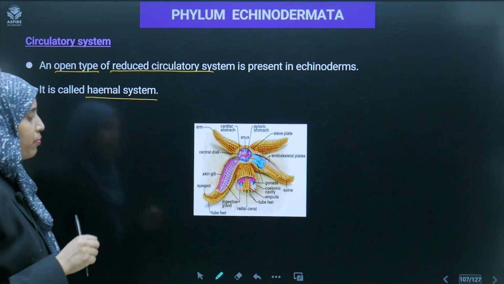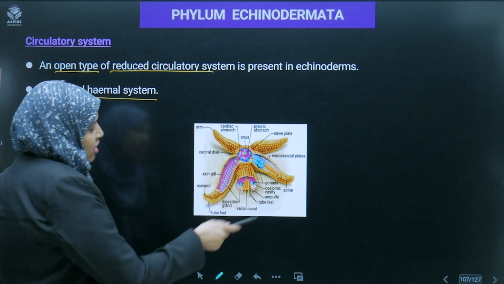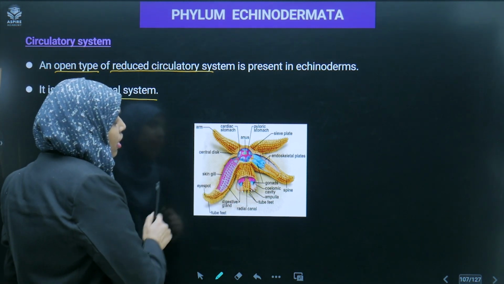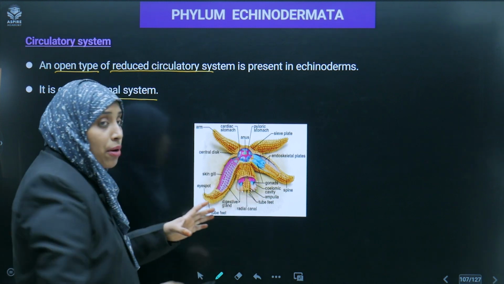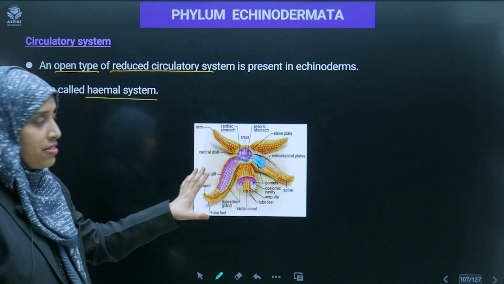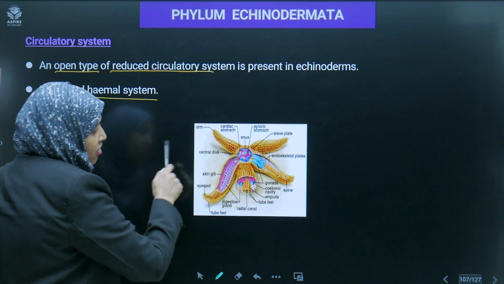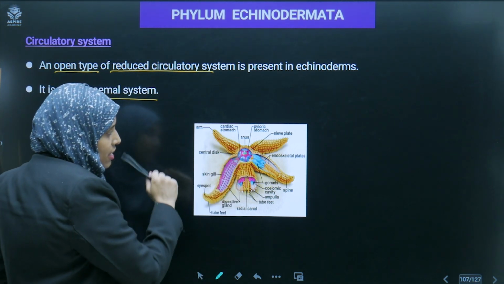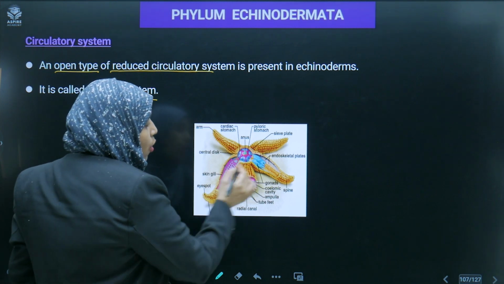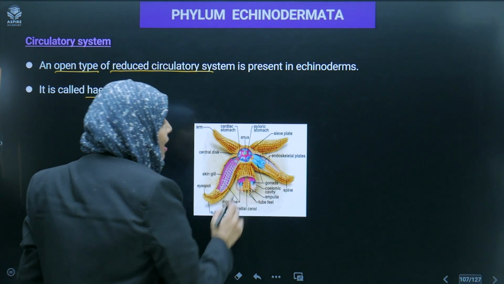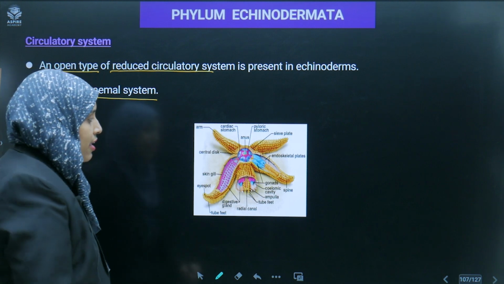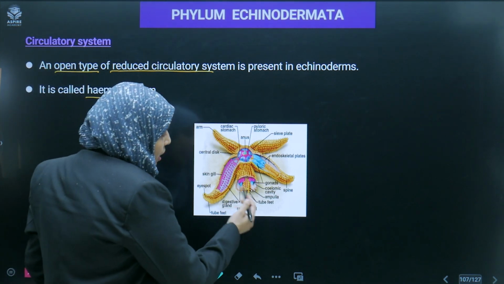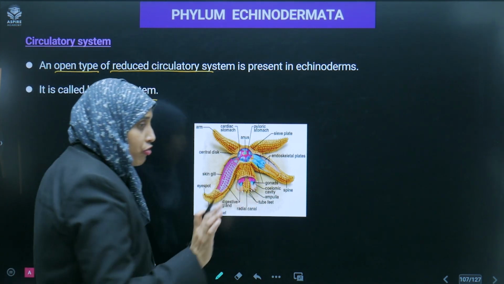Again, you can see in this diagram the starfish arms. What are these? Five arms of the starfish. The central disc is present. The stomach region is right here, near the central disc. Now endoskeleton plates are there. The coelomic cavity, ampulla and tube feet.